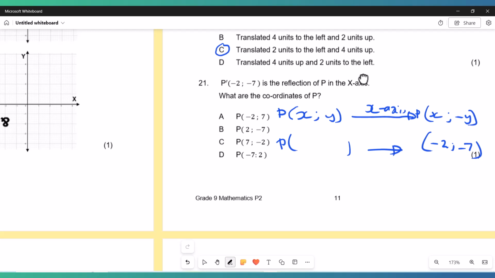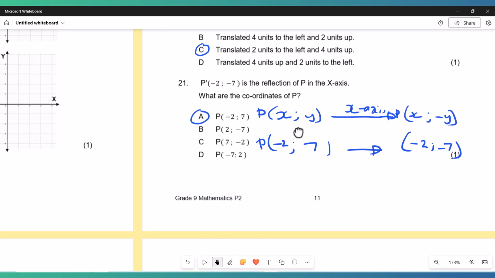Remember that the x remains the same, so it must be negative 2 here as well, because x remains intact. Now the y becomes a negative y, so because now it's negative 7, it came from positive 7, so this must be the answer here, which is negative 2 is to 7, so the answer becomes A. That's 21 there. Okay, hope we are together as well.